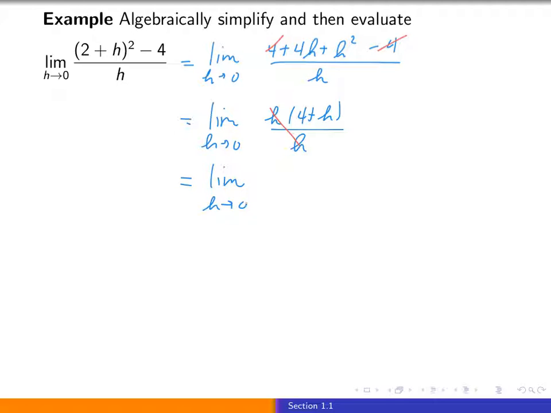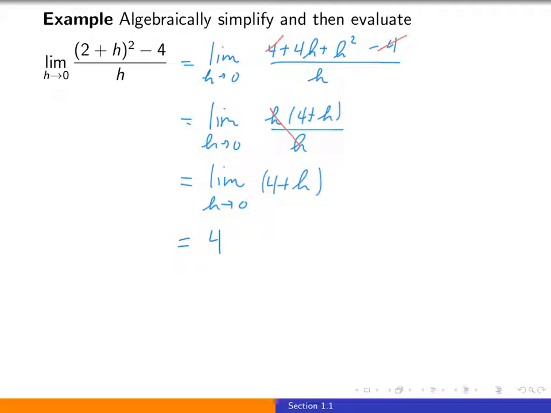The limit as h approaches 0 of 4 plus h. Once again, the question is, for an input of h close to 0, what is 4 plus h close to? Well, if h is near 0, 4 plus h is close to 4. So we would say that the value of this limit is the number 4.